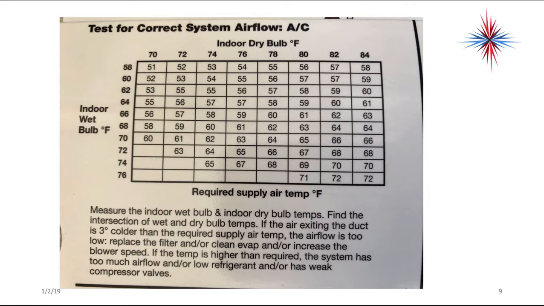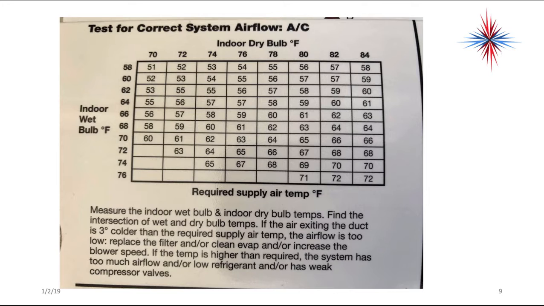Now, if you do not measure 61 degrees on your supply air, that's dry bulb, you're going to look and see, is it hotter or cooler than the required supply air temperature? If the air exiting the duct is 3 degrees or more cooler than the required supply air temperature, the airflow is too low.